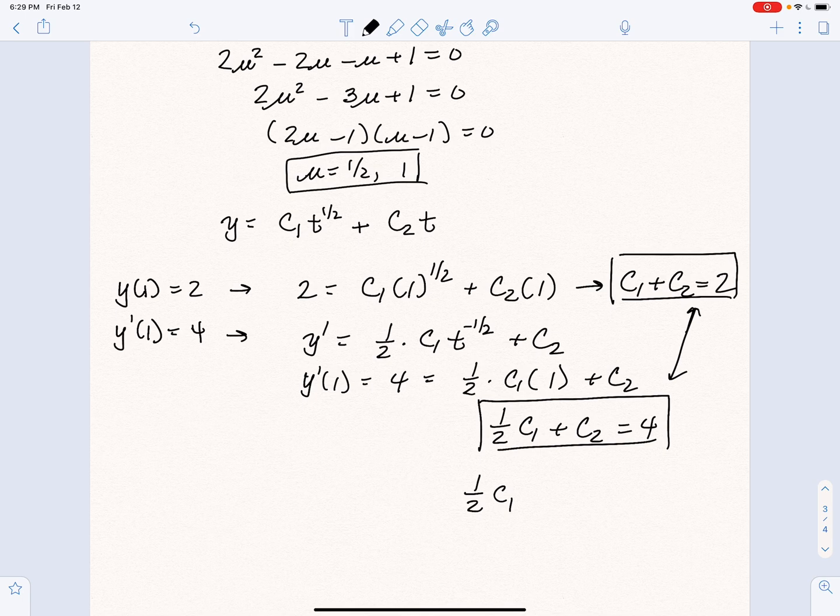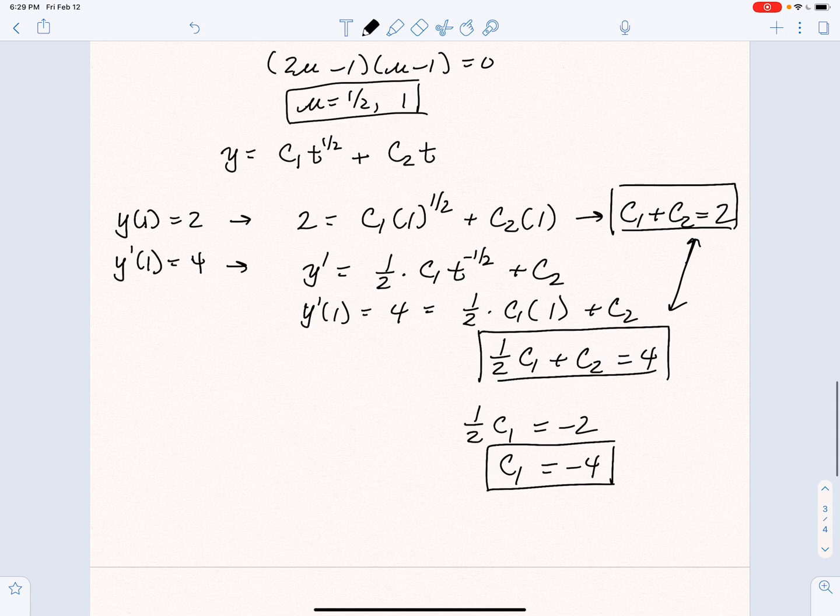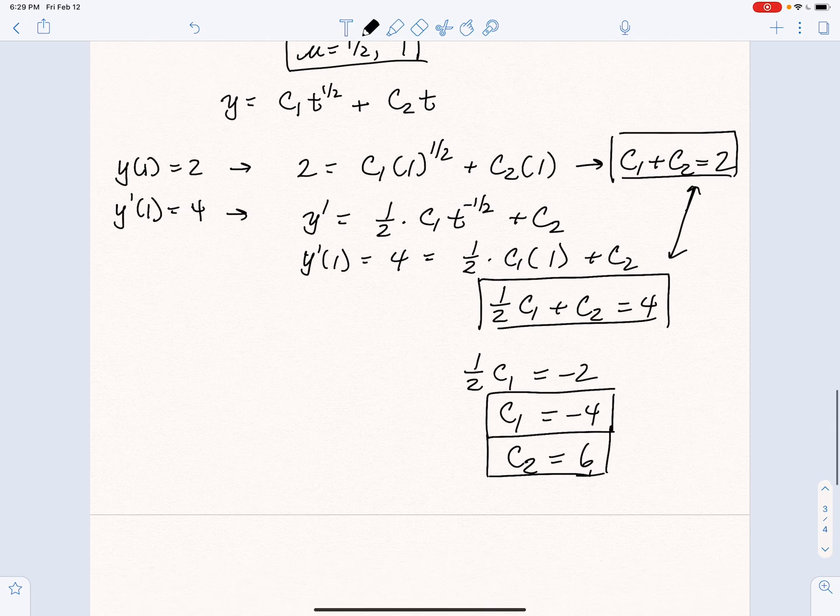And 2 minus 4 is negative 2. So that means c1 is equal to negative 4. And since we're told that c1 plus c2 is 2, if c1 is negative 4, c2 is 6. So then the final solution is y equals negative 4 t to the half plus 6t.